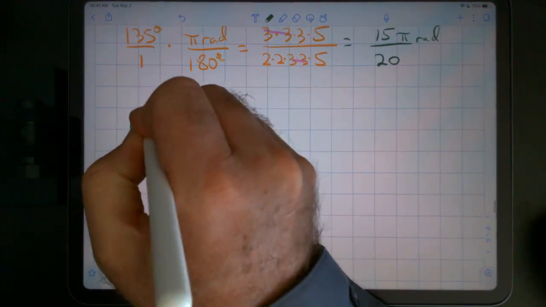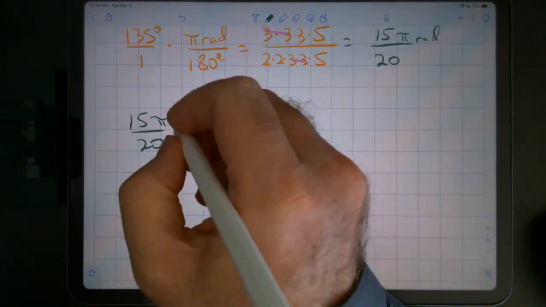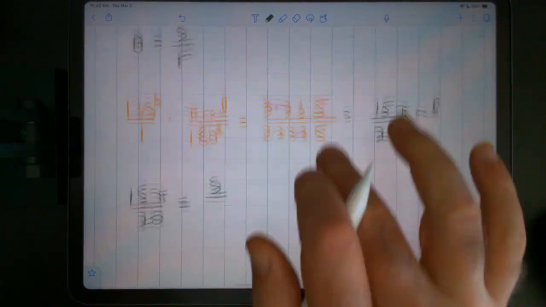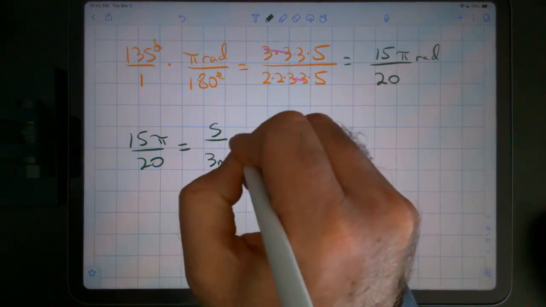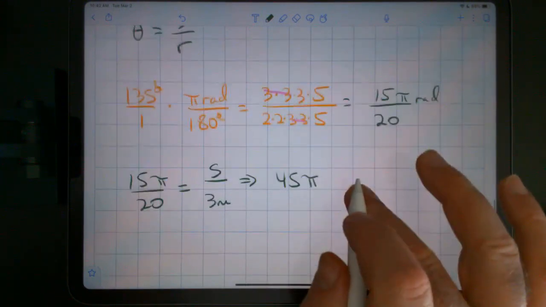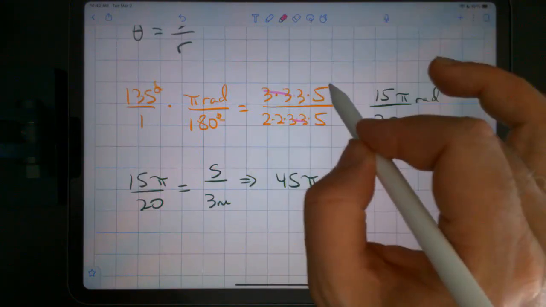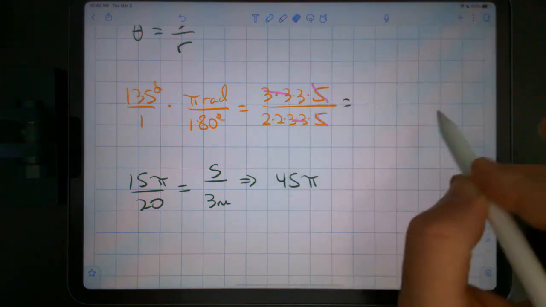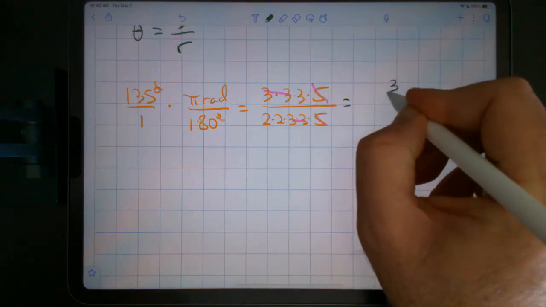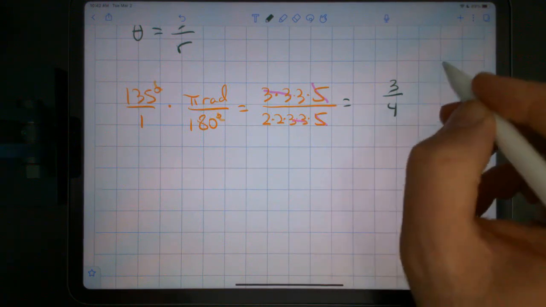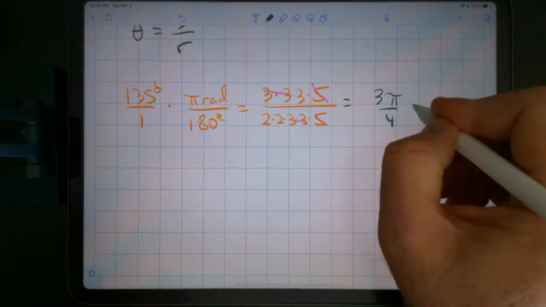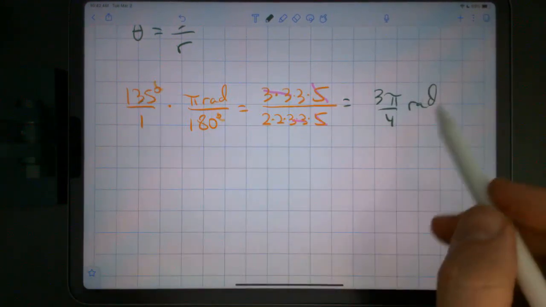So we have extra 5. I should have recognized 135 degrees as 3 pi over 4.